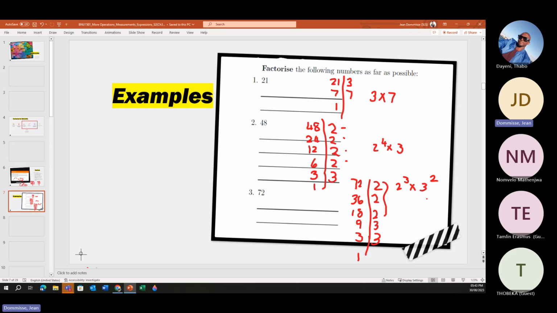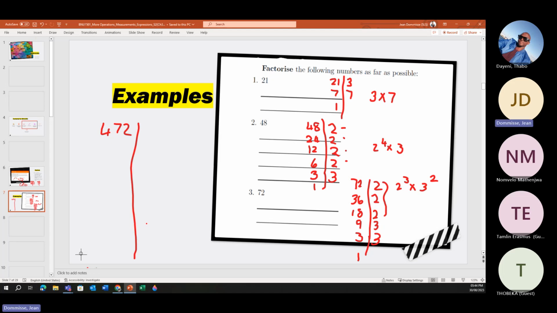Okay, any questions around that? Happy with that? It's the same principle even if we get a bigger number. So say that is the number.